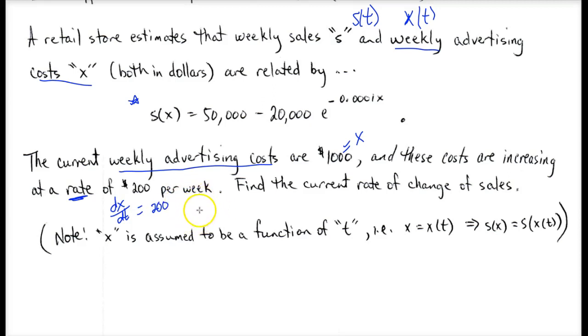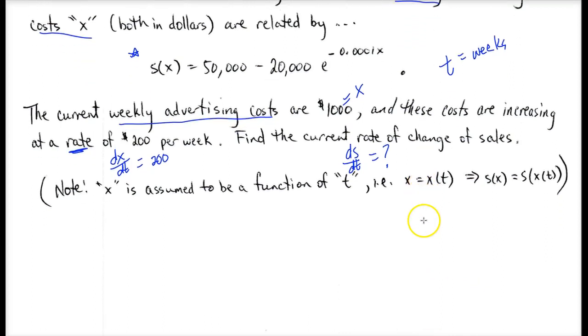Okay? And so based upon knowing this information, what we want to do now is find the current rate of change of sales. So said explicitly, we want to know what is the rate of change of S with respect to t, because t is going to be time that is measured in weeks. So this is the information that we need to know.